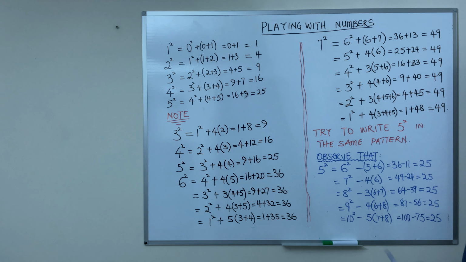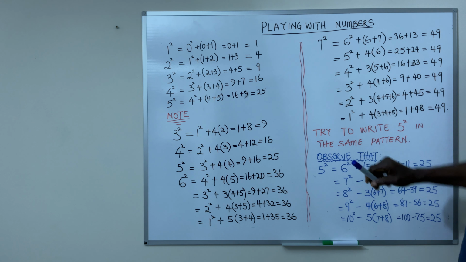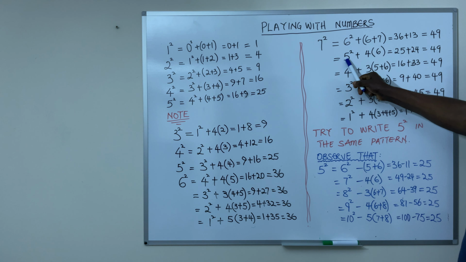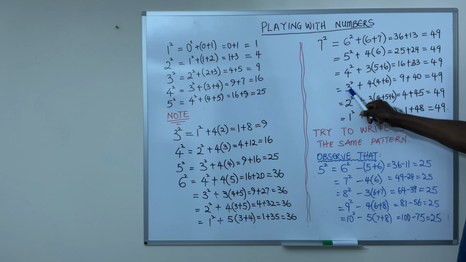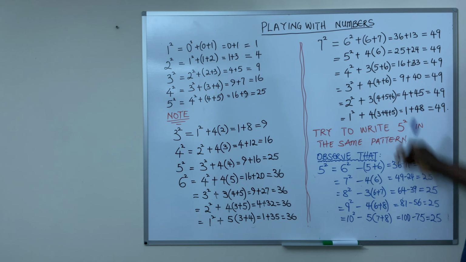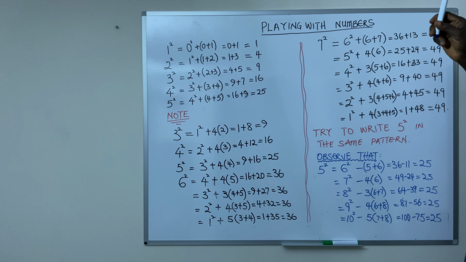Now let's come to 7 and 3. 7 squared is equal to 3 squared plus 4 into 4 plus 6. How do we get this? This is an odd number. This is also an odd number. We have 4. 4 plus 6 comes in between them. 5 is omitted.